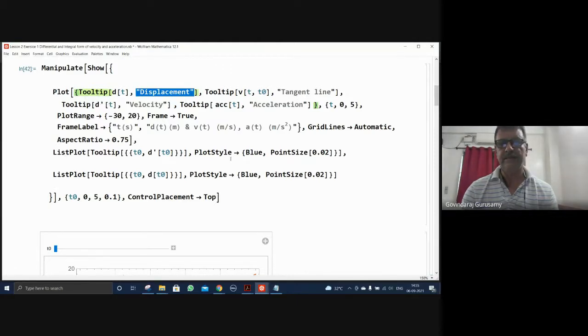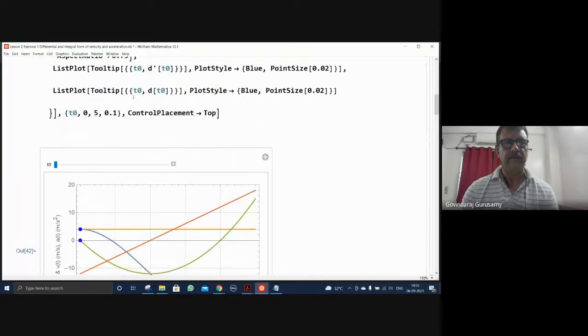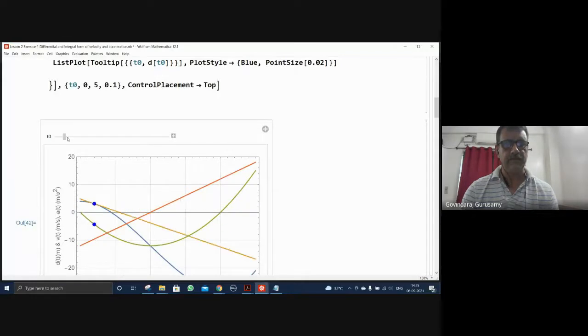How many graphs do you have now? 1, 2, 3, 4, 5 of them are here. 3 graphs plus 2 dots and the slope. There is a fourth one, this tangent, and then there are 2 dots.